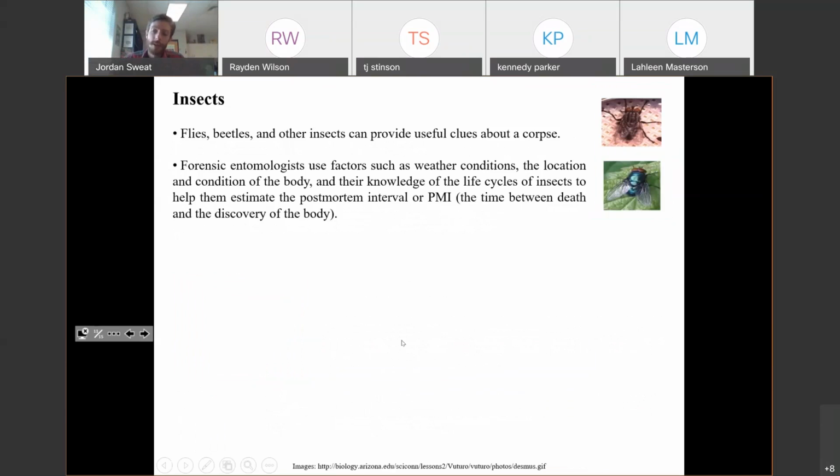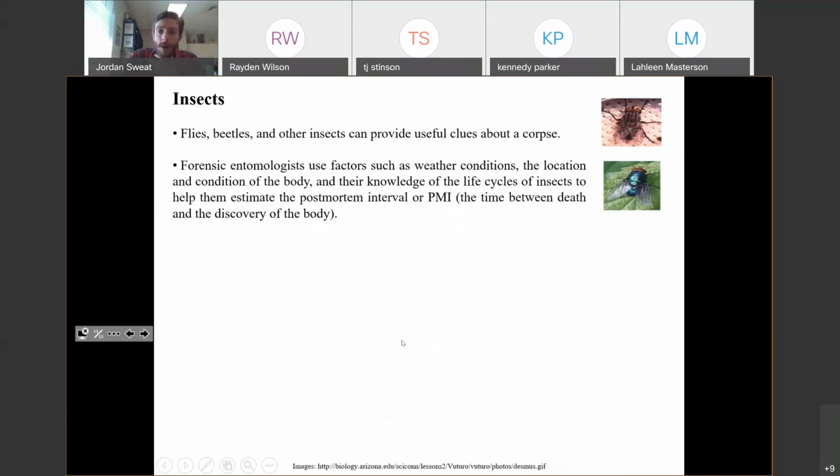Okay, insects. Remember back to week 1, when I told you that sometimes specific crimes call for specific forensic investigators with fields of expertise. Well, one of those people was the forensic entomologists. Those are the people that study the life cycles of bugs and insects.